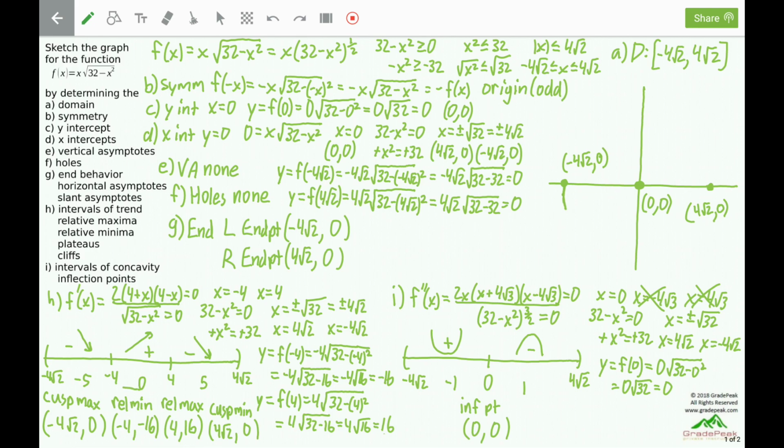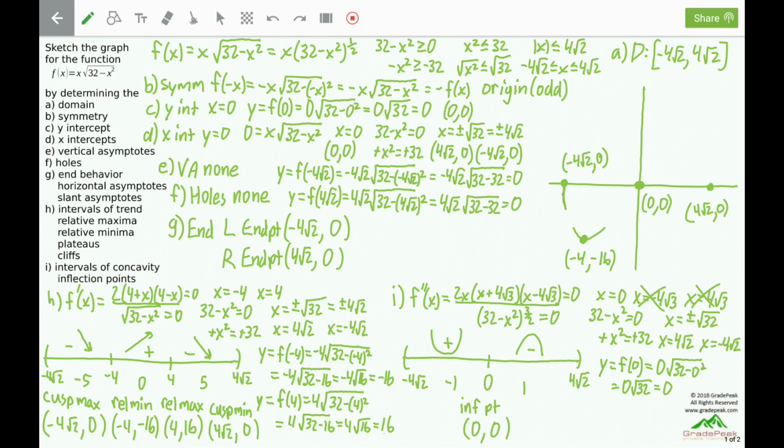Right at the point of -4, -16, we have a relative minimum. So that will be down here somewhere, maybe approximately right here. We'll label it as -4, -16. And this will have the shape of a relative minimum.